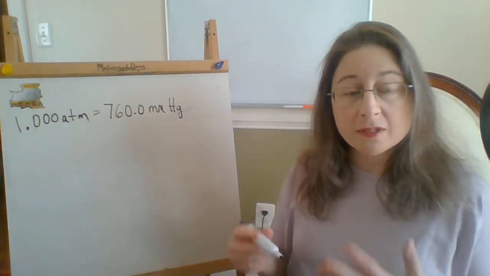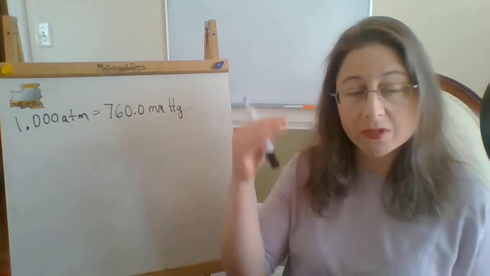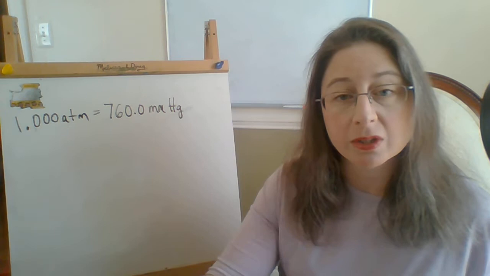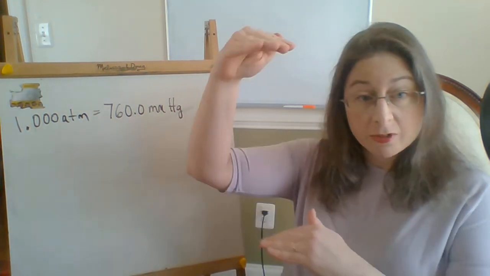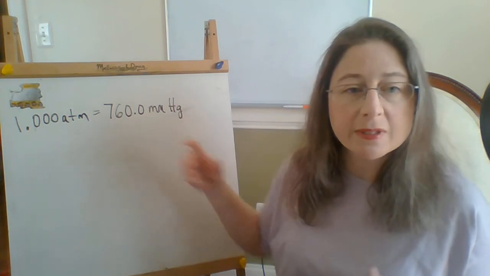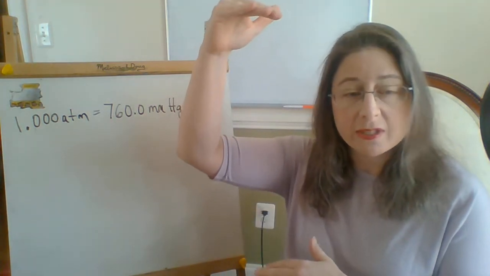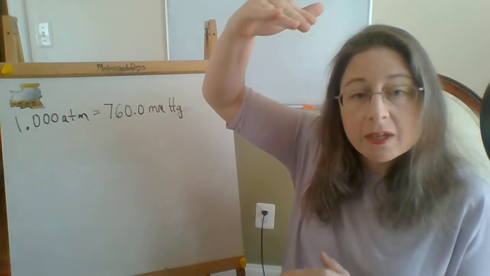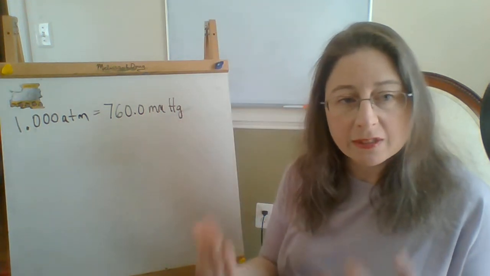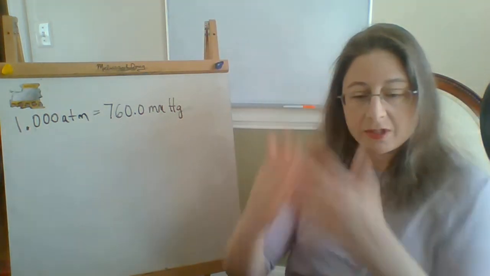And so what that means is if you have a barometer that uses mercury to demonstrate atmospheric pressure, then the column of mercury would be 760 millimeters. So that's 0.76 meters, right? So like 3/4 of a meter stick of mercury, which is super dense liquid metal, would be supported by the atmospheric pressure, right?